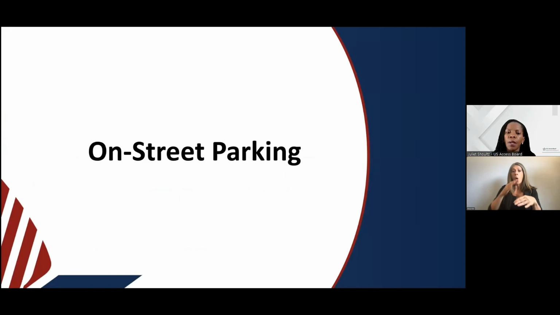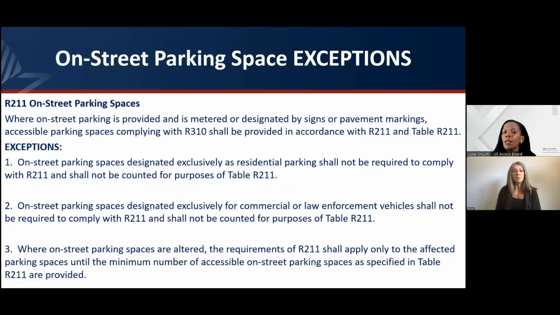Now on to on-street parking. First, in scoping for on-street parking, we've added exceptions to clarify what is covered and what is not covered. The exceptions are on-street parking spaces designated exclusively as residential parking are not required to comply with R211. And so you don't need to count those for the purpose of scoping accessible parking. On-street parking spaces designated exclusively for commercial or law enforcement vehicles are not required to comply with R211.